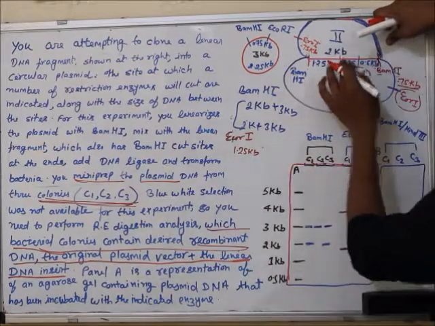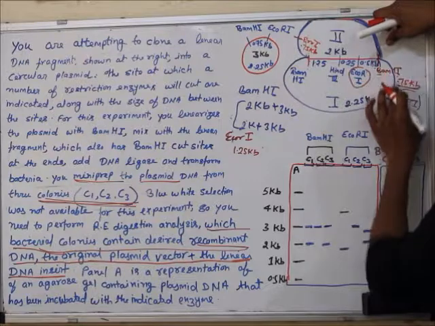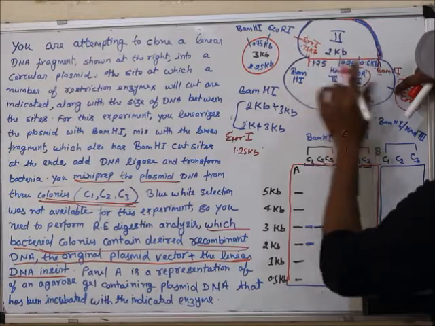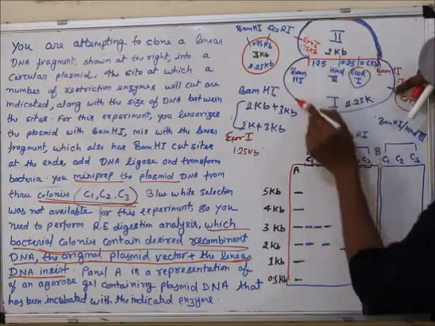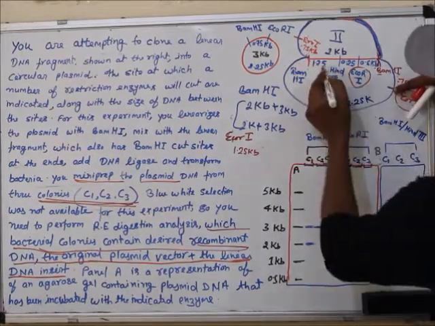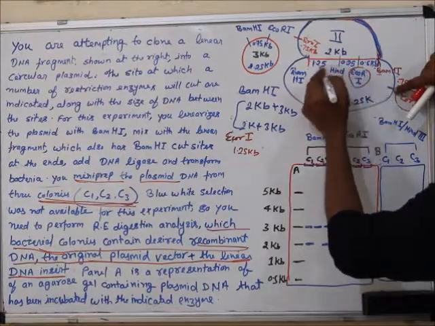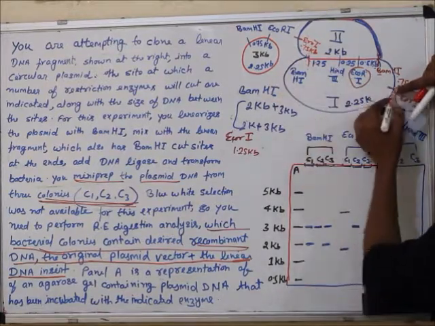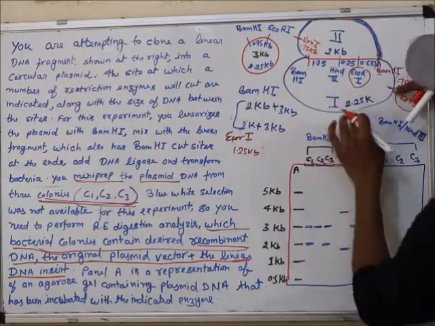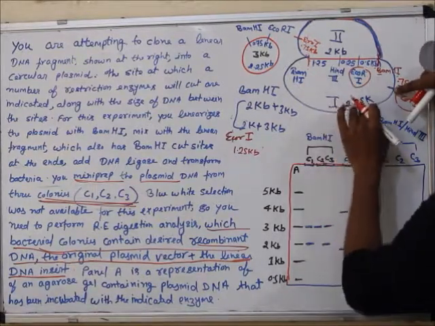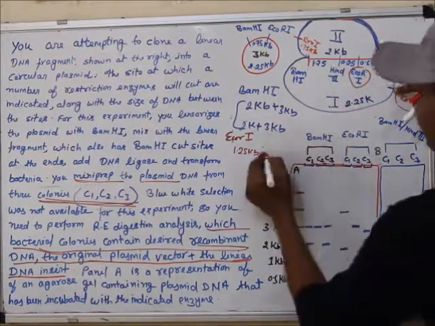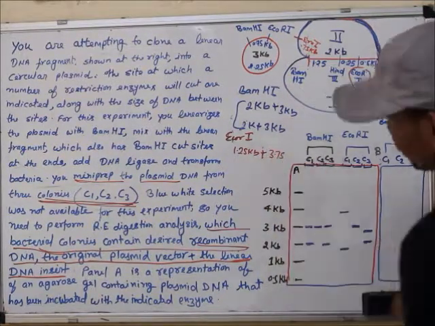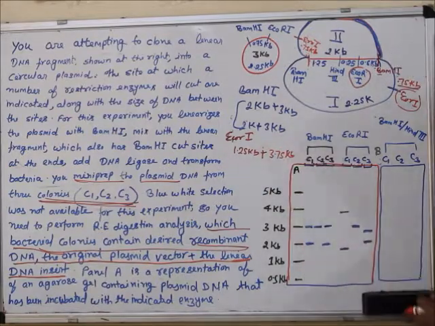Then 1.25 plus the next piece gives 1.50, and the remaining is 2.25. If you add them, the result would be 3.75 kb in the first orientation.